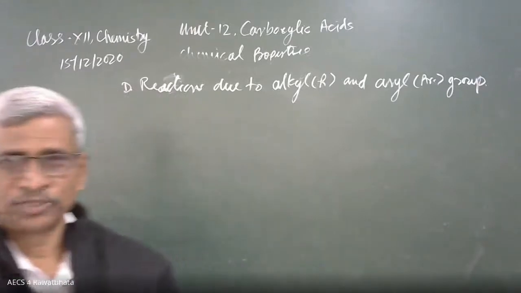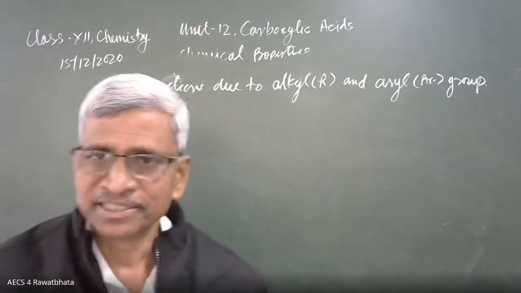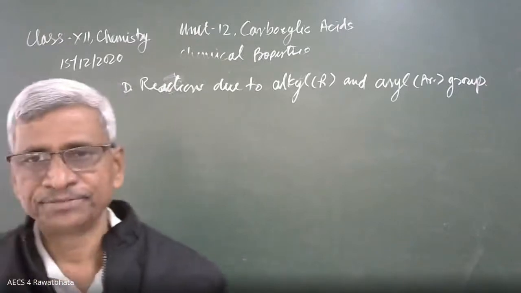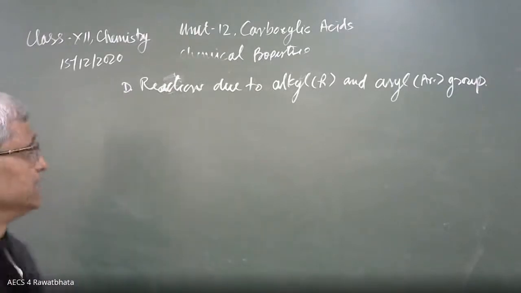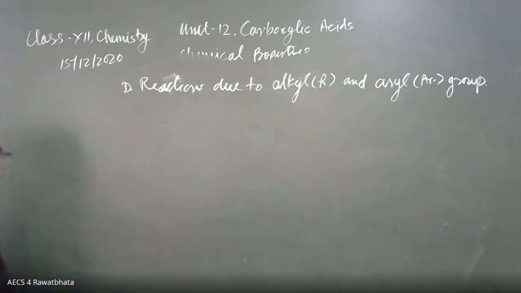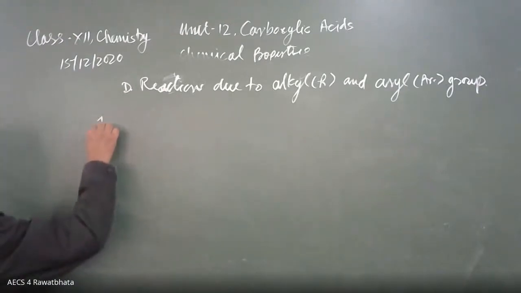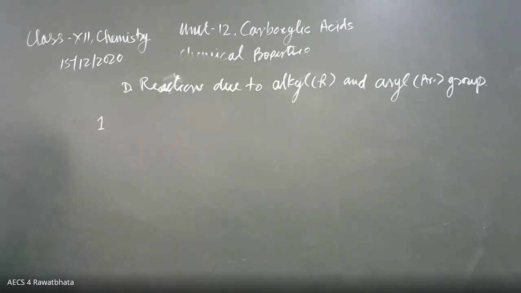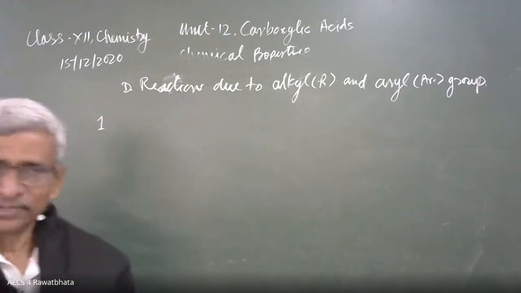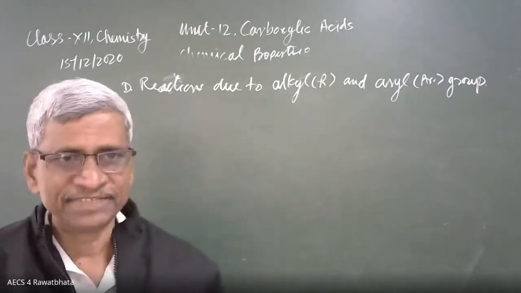When we discuss the aromatic compounds, this is almost the end of this topic. The first reaction is because of the alkyl group, and only one reaction is there, a very famous name reaction. The name is difficult, but the reaction is quite easy.